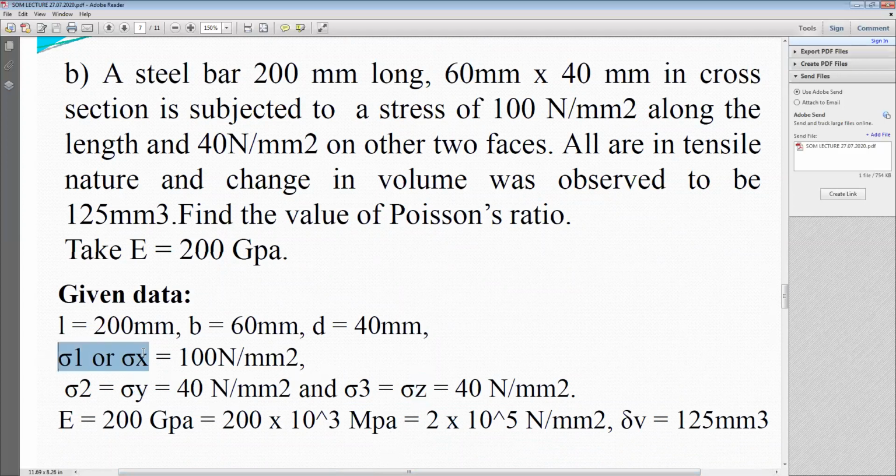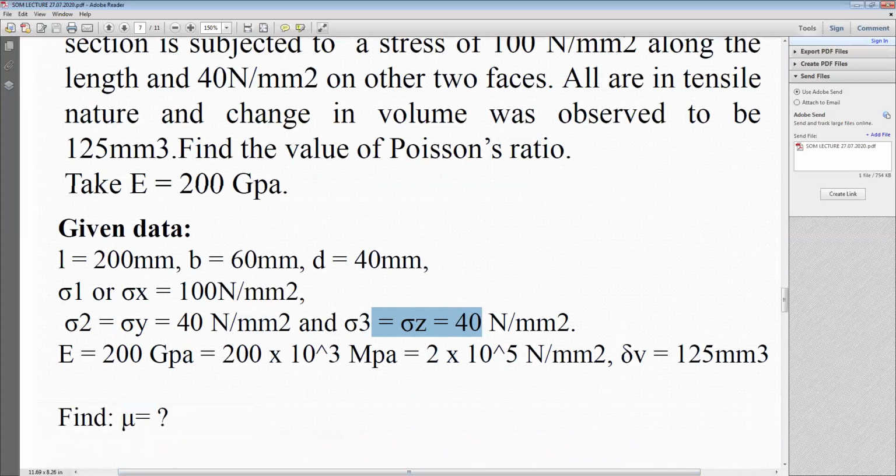So sigma 1 or sigma x, you have the option to choose the name. Sigma 1 or sigma x is equal to 100 Newton per mm square, sigma 2 or sigma y is 40 Newton per mm square, and sigma 3 or sigma z is again equal to 40 Newton per mm square.